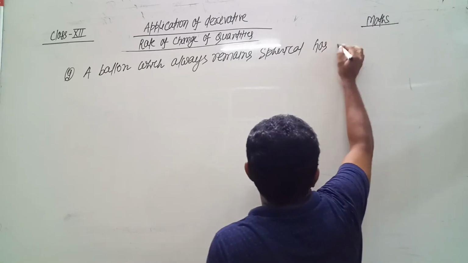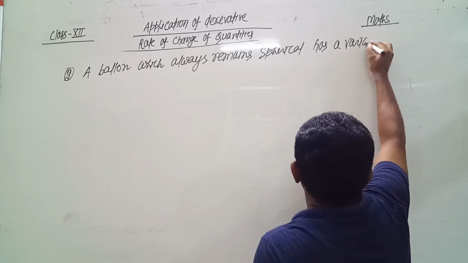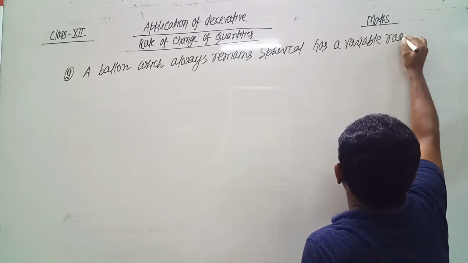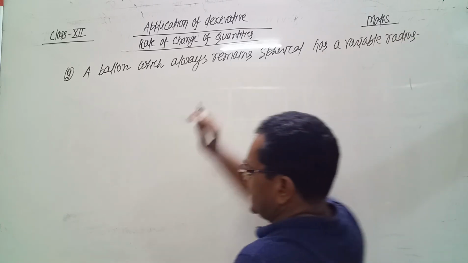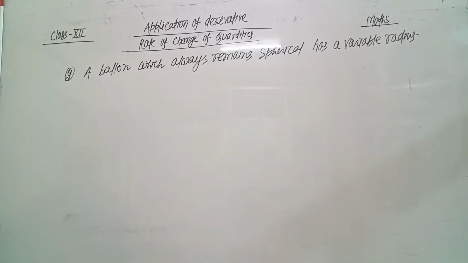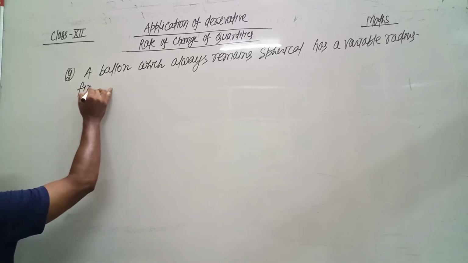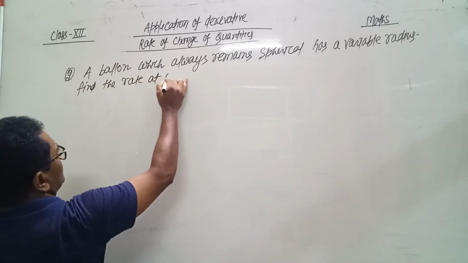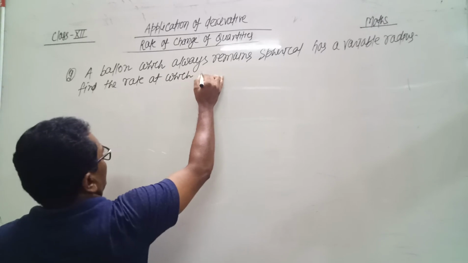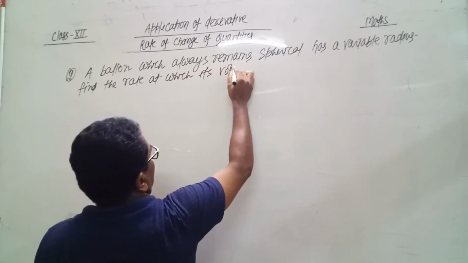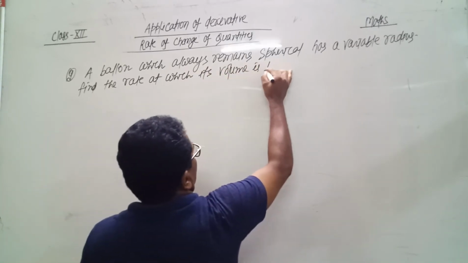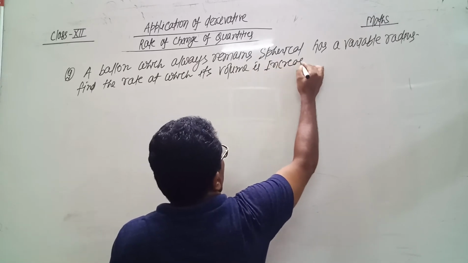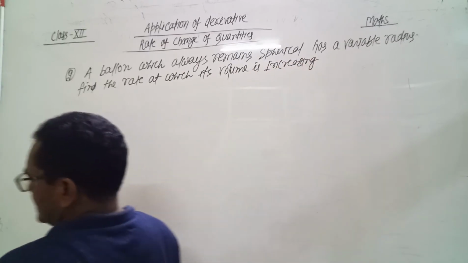The radius gets changed; it is variable. Find the rate at which its volume is increasing.